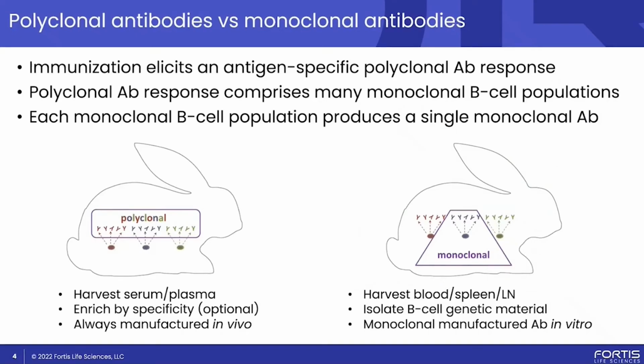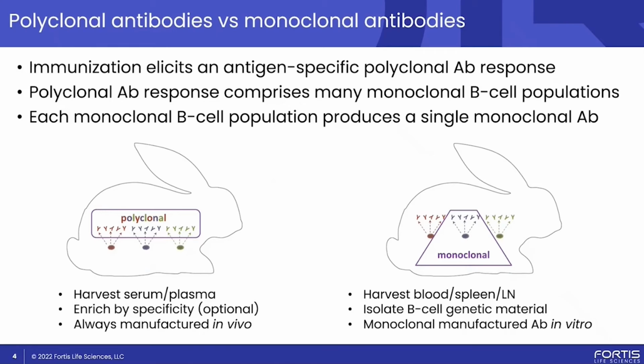So if we take a look then at the different kinds of antibodies that are available, broadly speaking, we look at polyclonal antibodies and monoclonal antibodies. So I think this is the closest I come to an immunology slide in this entire presentation. And I think it's important to look at where antibodies are coming from so that we can understand the differences between polyclonal and monoclonal and the different ways in which we can generate monoclonal antibodies.